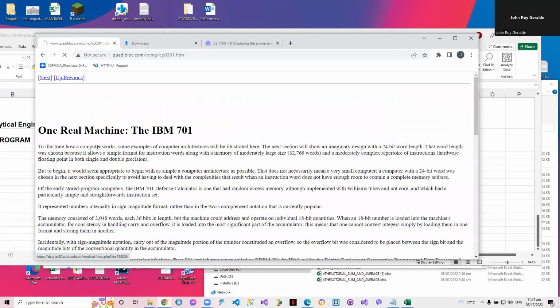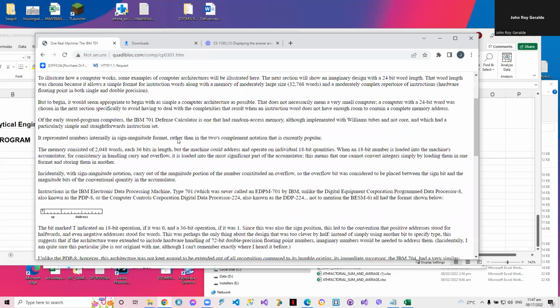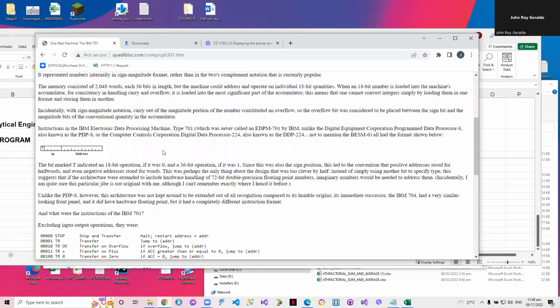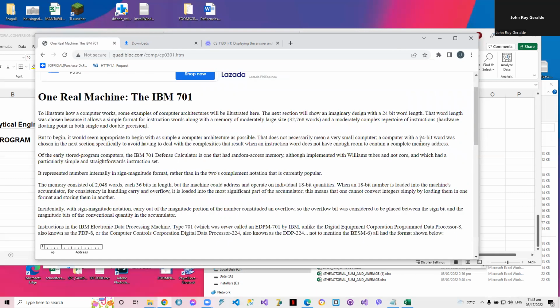Now, let's look at the IBM 701. The main difference is the IBM 701 is a larger computer, which has 36-bit words.